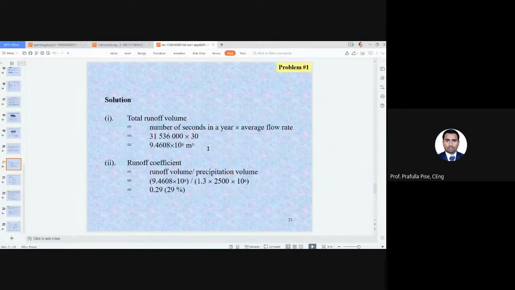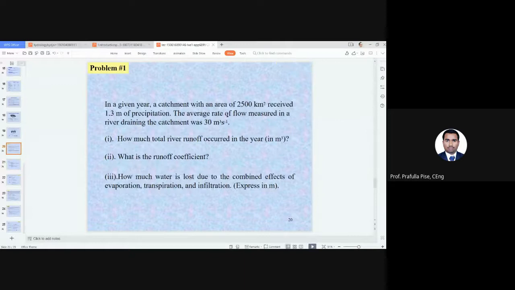Second, runoff coefficient. We have already calculated the runoff volume. So runoff volume divided by precipitation volume will give you the runoff coefficient. Now, how can we calculate the precipitation volume? Precipitation volume is nothing but the total area times the precipitation.